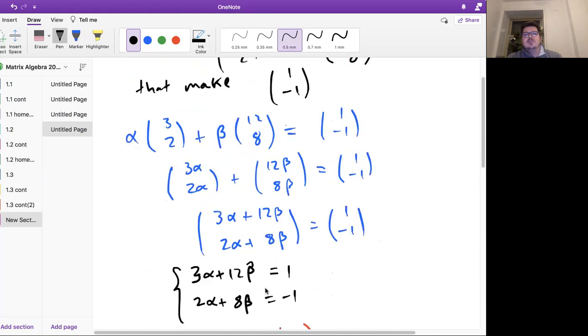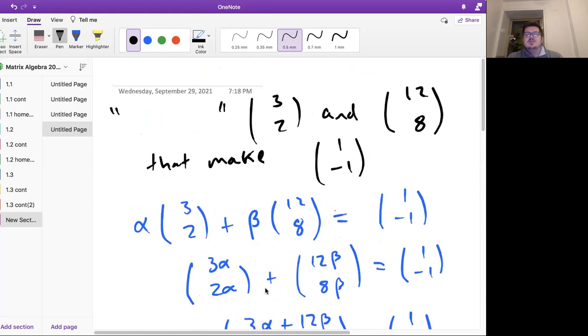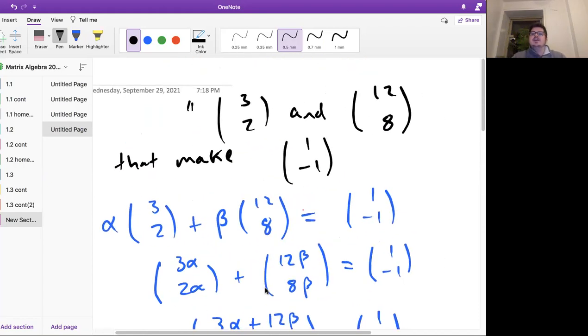Now, you tell me, can you just look at 3, 2 and 12, 8, and make up a reason why you could maybe have figured this out from the beginning? What's the relationship between 3, 12 and 2, 8? Yeah, 3 times 4 is equal to 12, and 2 times 4 is equal to 8.